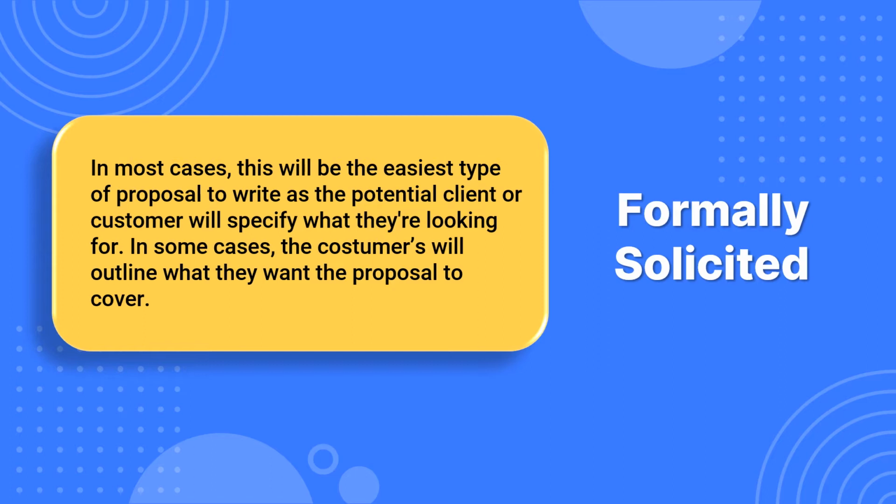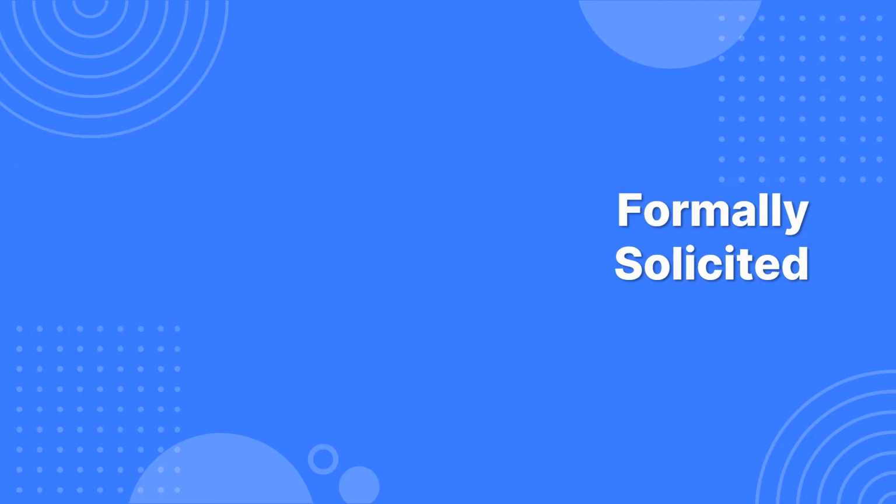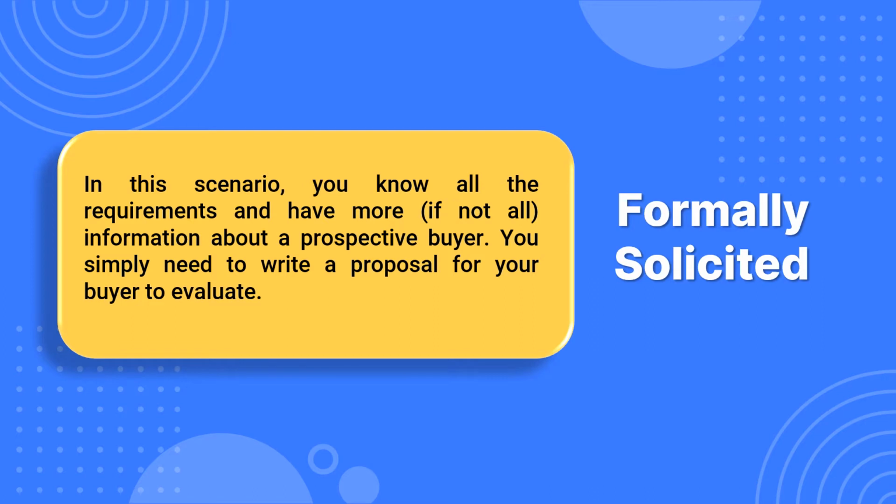In some cases, the customers will outline what they want the proposal to cover. In this scenario, you know all the requirements and have more, if not all, information about a prospective buyer. You simply need to write a proposal for your buyer to evaluate.